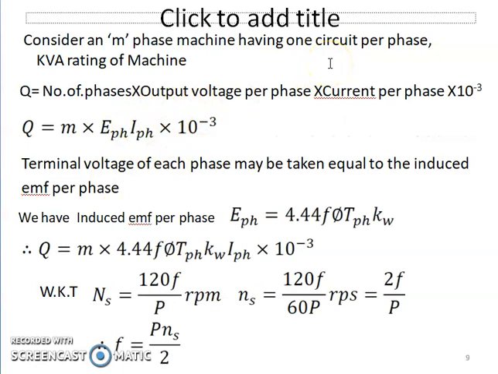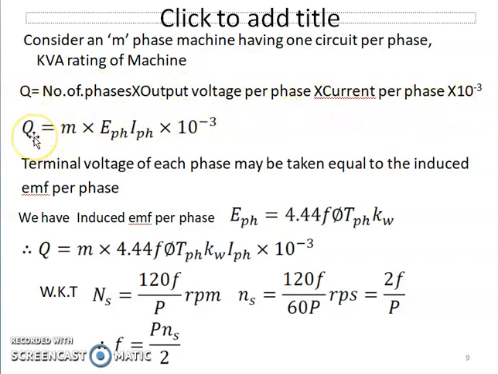See, consider an M phase machine having one circuit per phase. kVA rating of machine Q is product of these three parameters like number of phases, output voltage per phase, and current per phase.